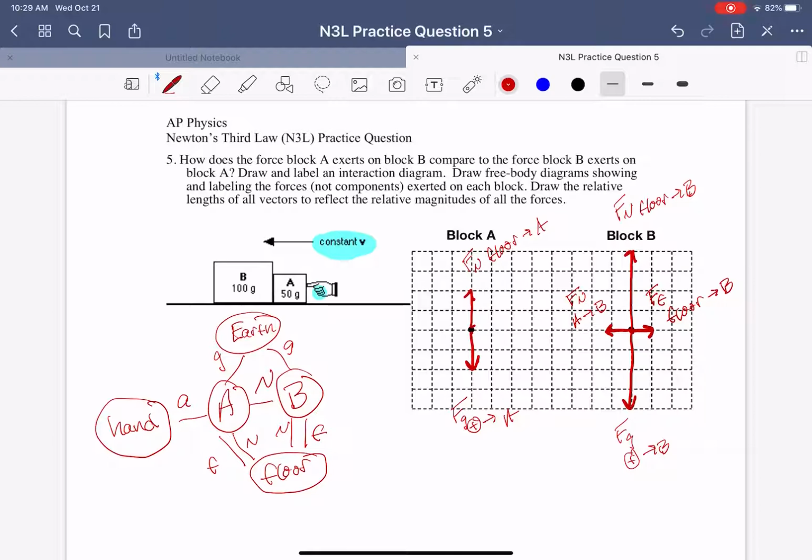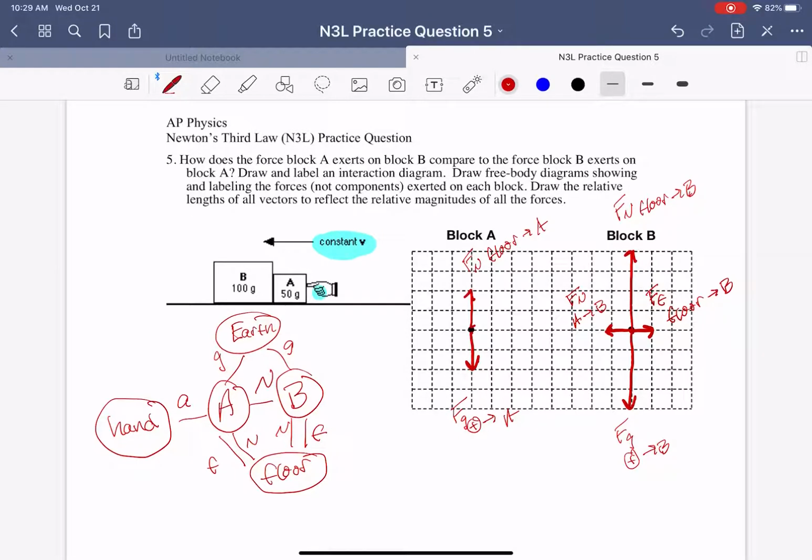So now let's see. When we watched the videos of the carts smushing together, we learned about Newton's third law: anytime 2 objects interact, the forces between them are equal in magnitude and opposite in direction.